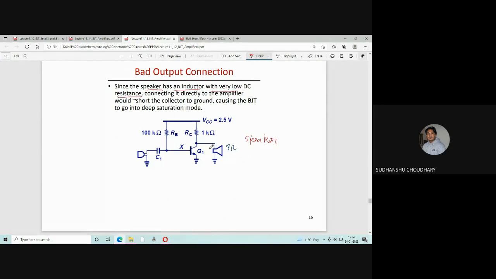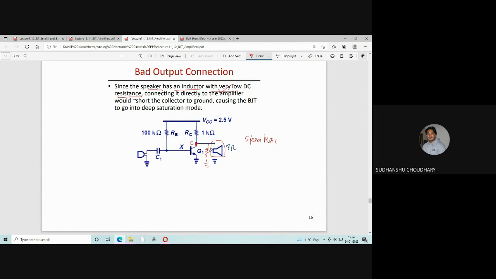So the resistance of this is very small. So again, it would be equivalent to saying that we have shorted the collector to ground, because this resistance is very small. So that would be saying that the collector is shorted to ground.